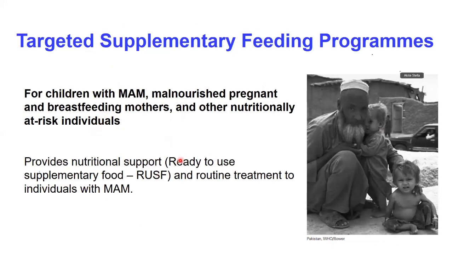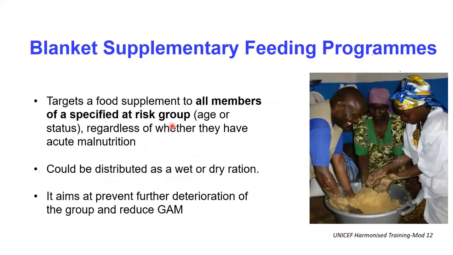And still, we use ready-to-use supplementary food, as compared to the other one, which was ready-to-use therapeutic. This one is just supplementing the home diet or what the family have. Then blanket feeding is when the situation is critical, we give blanket dry or wet rations of food to every household in that kind of situation.